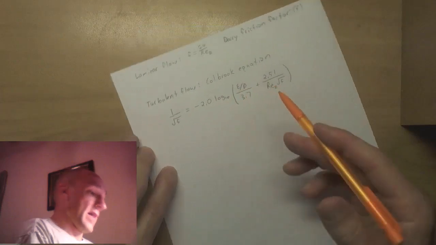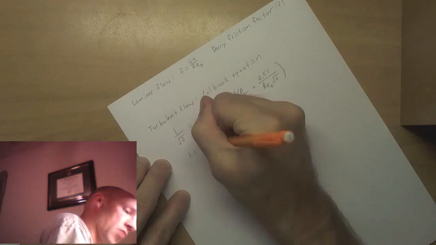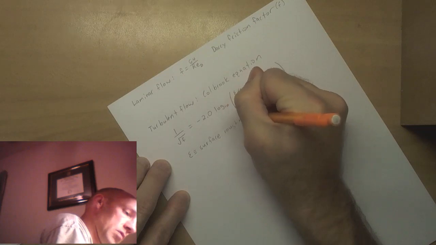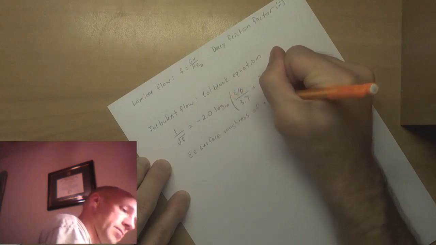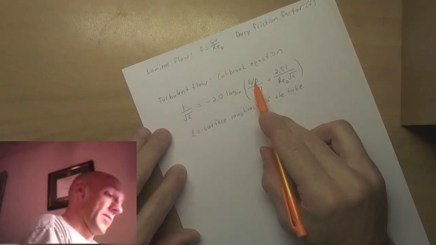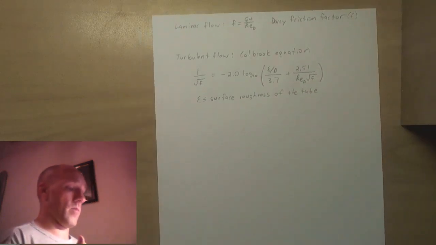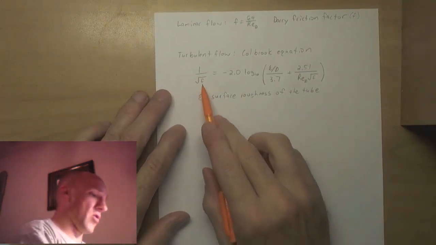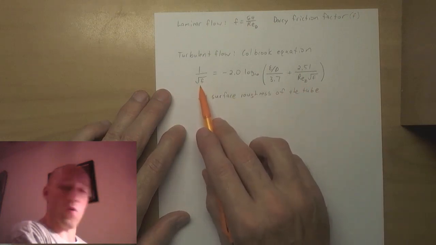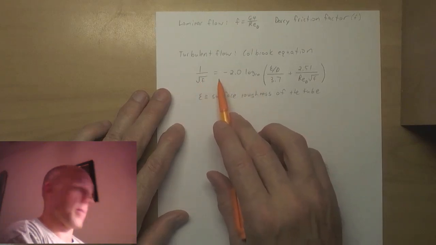Now epsilon is the surface roughness of the tube, and D is the diameter, of course, and then F is the Darcy friction factor. You notice that the square root of F is on both sides. You can't really solve for F from this equation, so it's what's called an implicit equation.